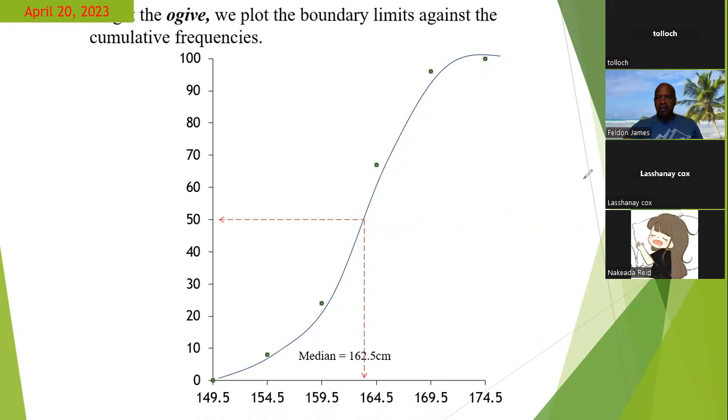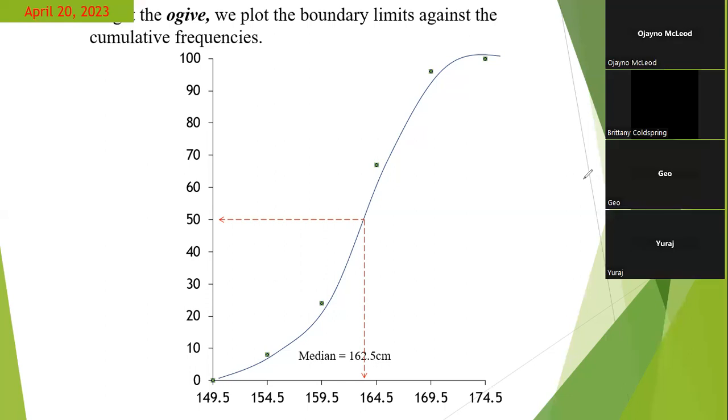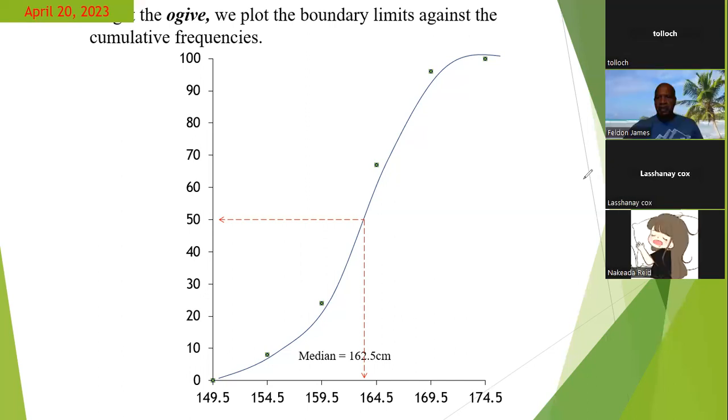What about those who are not showing your hands? Mr. Geno, are you good? All right, moving along then.